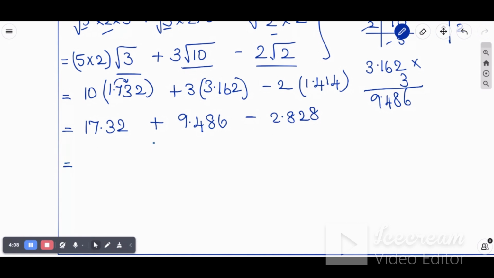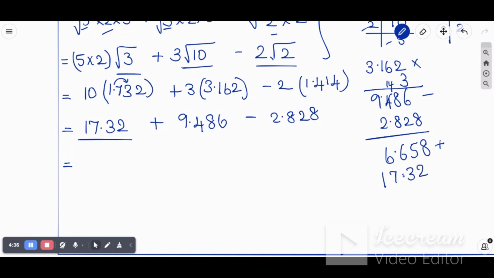Now finally you have to add this and subtract this too. So what I am going to do is, you can do any way, so let me subtract this 2 minus 2.828. I have done this addition and subtraction for you, and then you have to do the addition of 17.32. So make sure you write this correctly. Make the points sit straight and then put a 0 here.